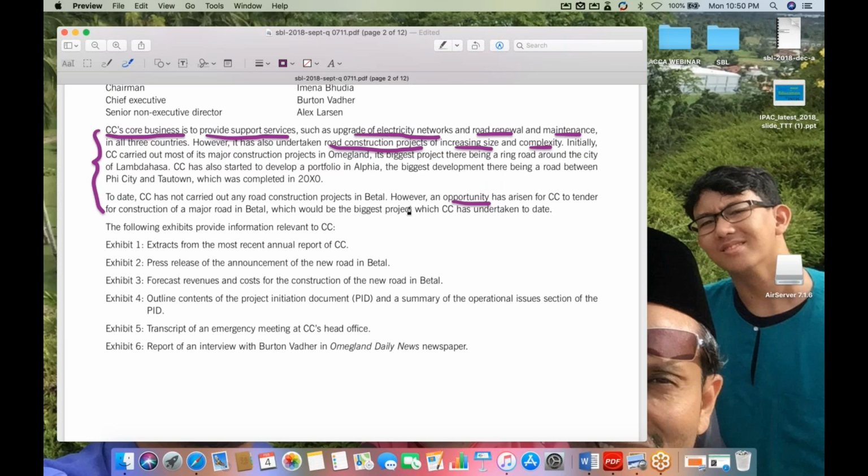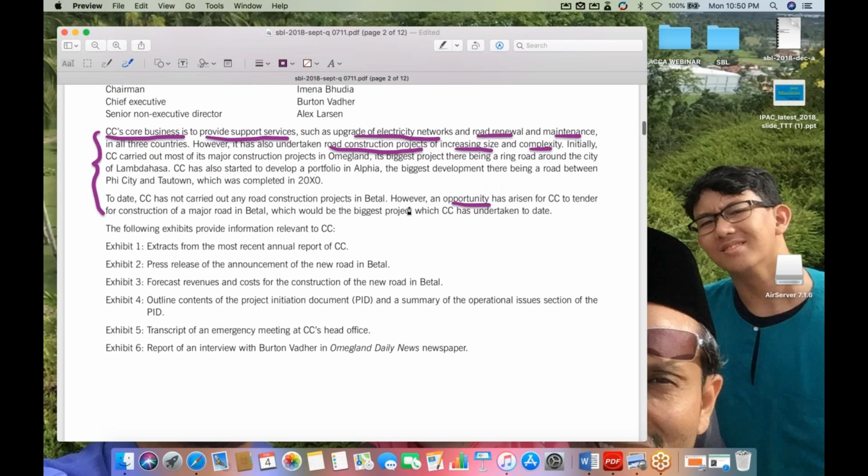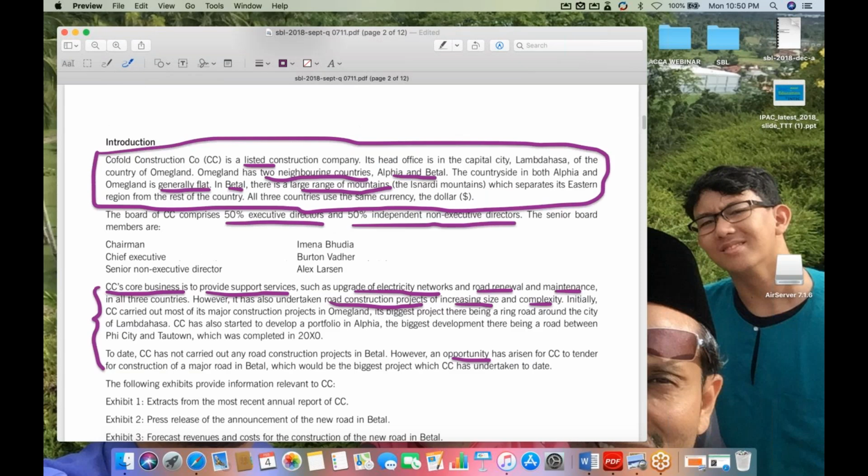It's a problem that they may be facing, all right? Why do I say that you may want to anticipate some of the problems they might face? Because we're talking about flatland now to mountains. Early on, they did mention that Beetle has a large range of mountains, the Inardi Mountains, which separates its eastern region from the rest of the country.